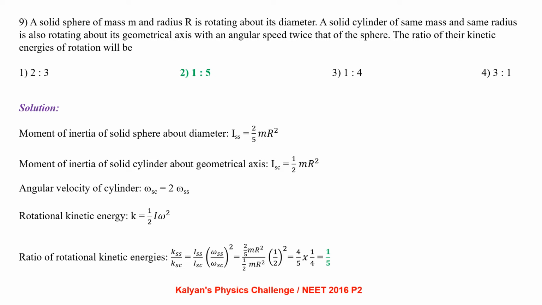The angular velocity of solid cylinder is given to be twice that of the solid sphere. Now coming to the rotational kinetic energy, it is half I omega square. Since we need to find the ratio of rotational kinetic energies, we can write K solid sphere by K solid cylinder equal to I solid sphere by I solid cylinder multiplied with omega solid sphere by omega solid cylinder whole square. By putting the values, we get the ratio to be 1:5.